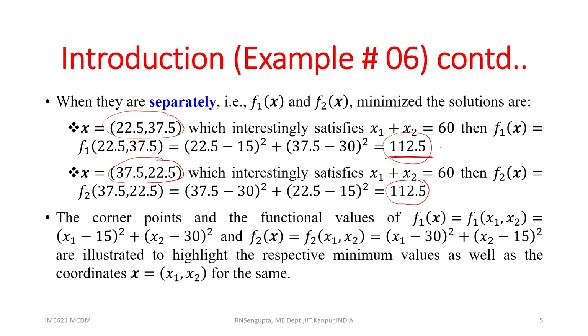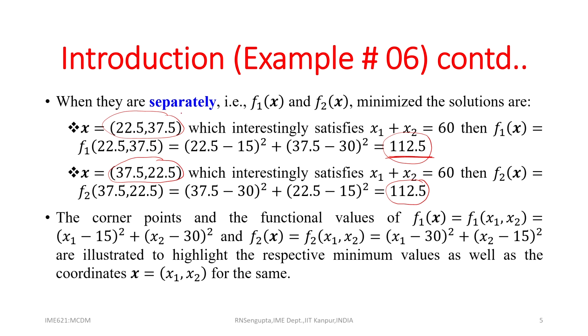The objective function values for f1 in case 1 and f2 in case 2 are the same, 112.5. But the coordinates at which we get that objective value are different. For f1, the optimum point, as I mentioned again, is 22.5 and 37.5, while for f2 it is 37.5 and 22.5.